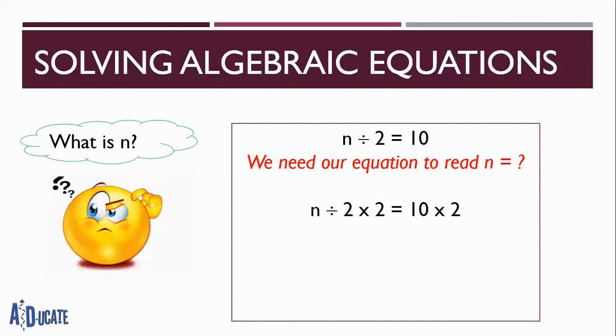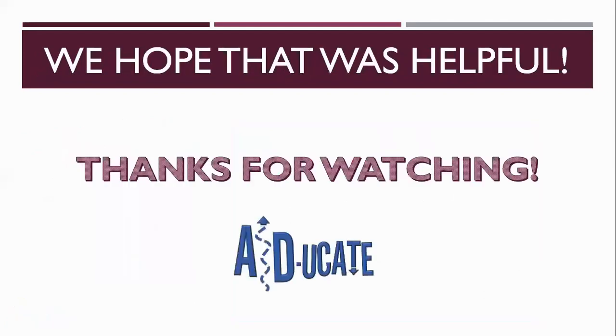So we multiply by 2 on the left, and we do the same on the other side. When we multiply by 2 on the left, the divide by 2 and the multiply by 2 become nothing. And then on the right, 10 times 2 equals 20. So n is 20.